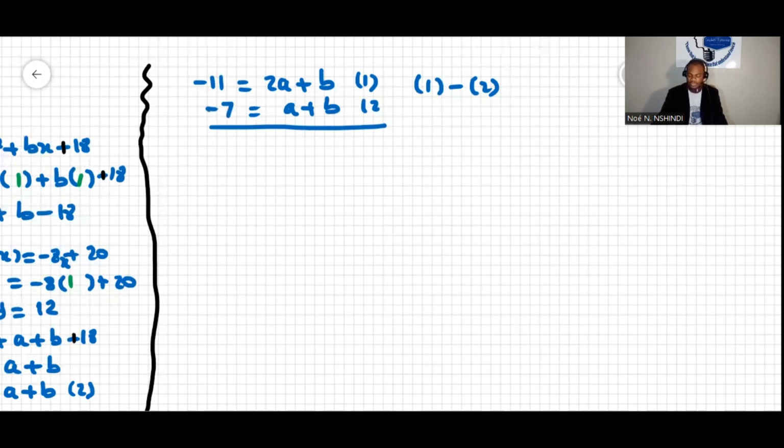As I said earlier, we can do equation 1 minus equation 2. So negative 11 plus 7 is just equal to negative 4, and then 2a minus a makes a, and b minus b cancels. So this simply means a equal to negative 4.